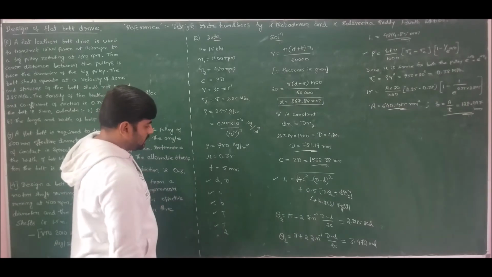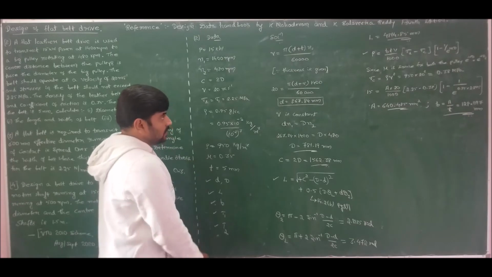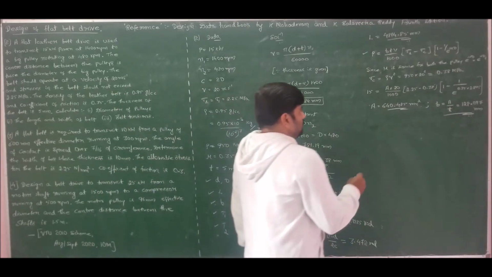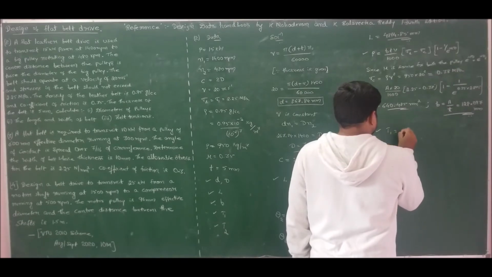Finally, I want to calculate the belt tensions. Belt tensions are T1 and T2. Coming to calculating the belt tensions, we know that tension T1 is sigma D into area.